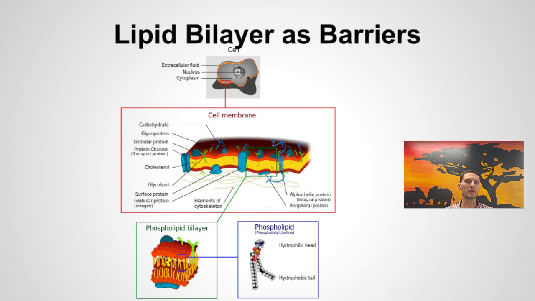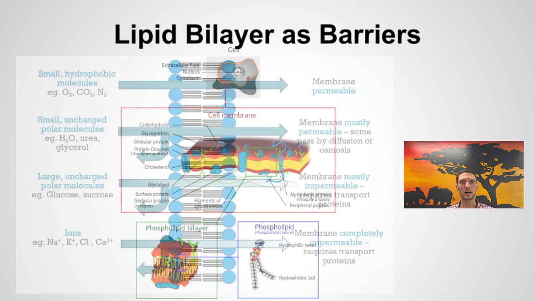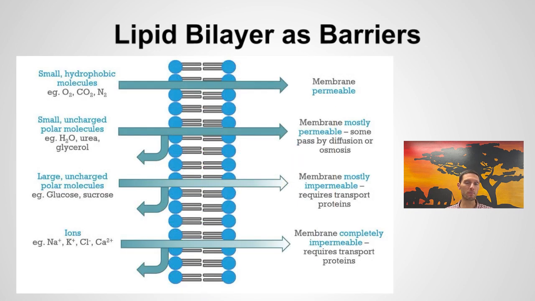Due to the polarity of the middle of the membrane where the fatty acid tails are, the membrane itself has low permeability to particles that are hydrophilic, including water and glucose. It's possible for them to pass across the membrane, but it's slow and doesn't happen very frequently or easily.